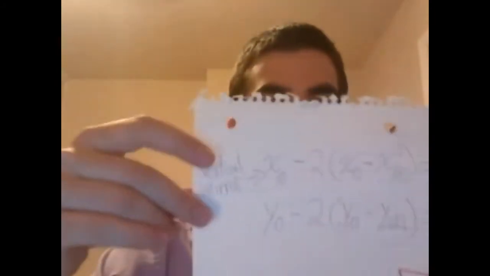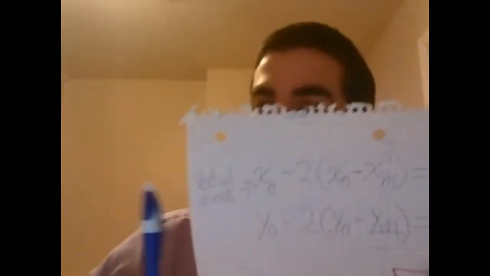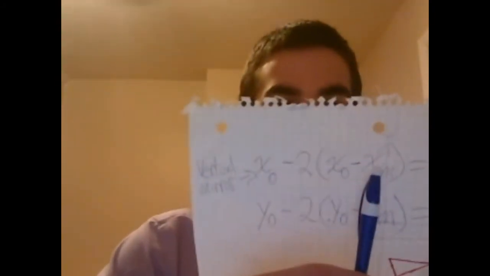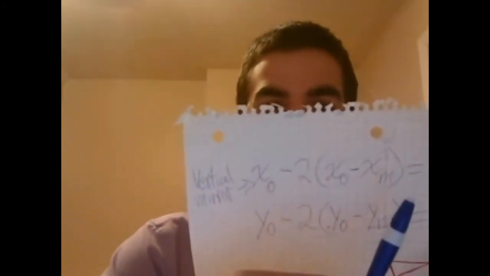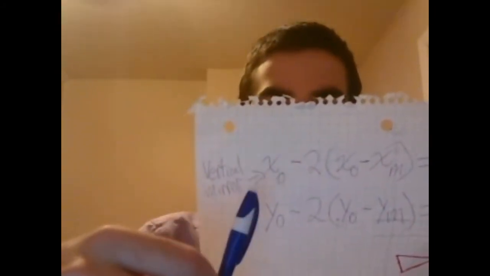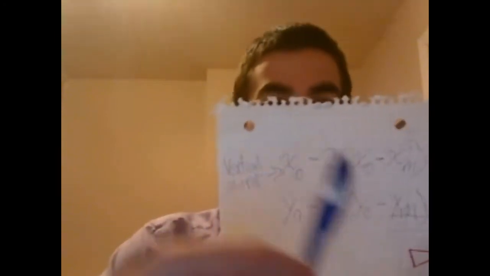Of course, we know it's easier to do the y-axis than any other point because our mirror value, where is it? Here. Our mirror value is 0, so it'll just be a number minus 2 times itself, which just gives the negative value of a positive number or the positive value of a negative number, right?